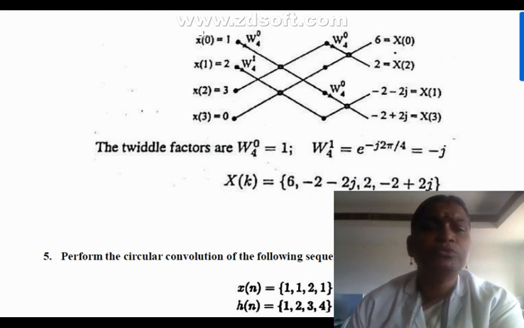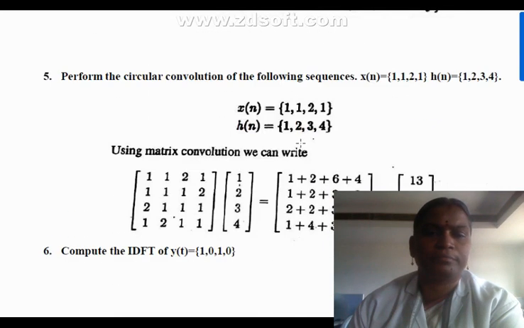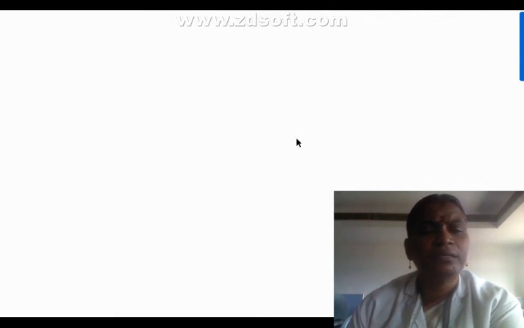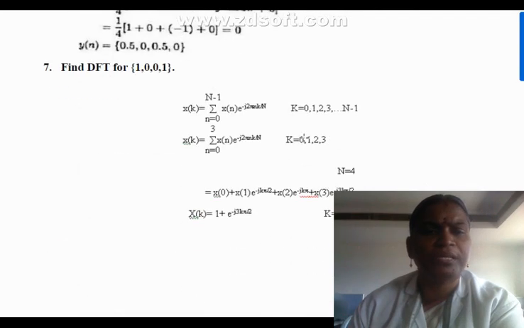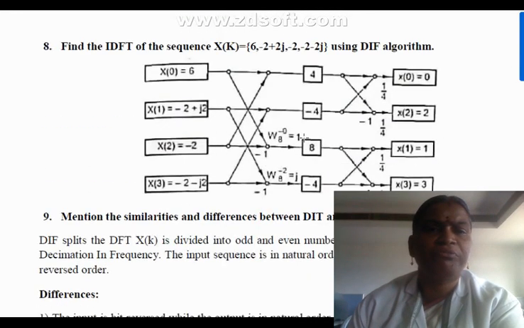It is the twiddle factor, we multiply it in front in the butterfly method, and finally we get the order 0 1 2 3, which is the normal order. In the same method we have to follow in the matrix also. We have to find the DFT and IDFT.